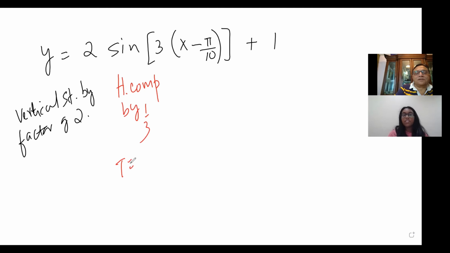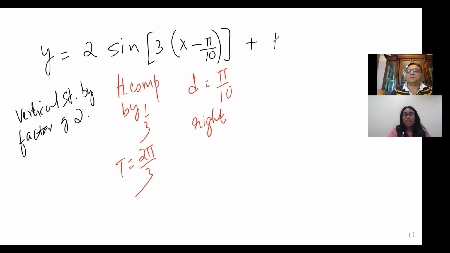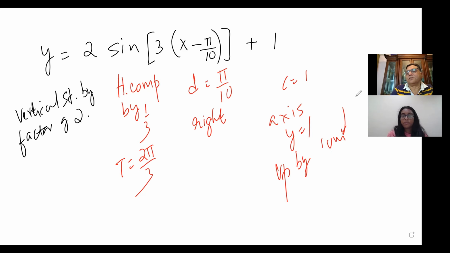And then D is the phase shift, pi by 10 to the right. So it's telling you where to start. And then number 1 is the vertical translation. So the axis is y equals 1, 1 unit up. Very good. Simple as that.